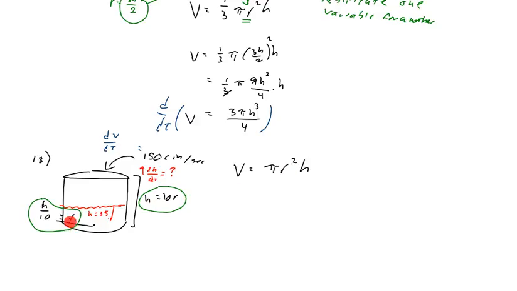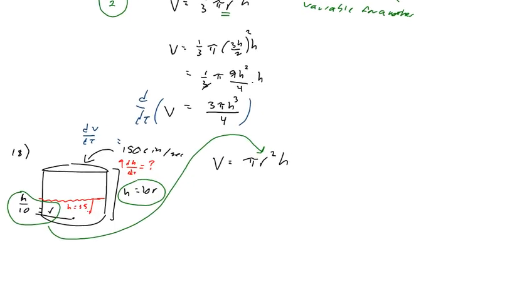So I'm going to use this r equals h divided by 10 and do that substitution in here. I'm going to put this in for r here. Now I'm going to make a little note here so you know to do this in the future.